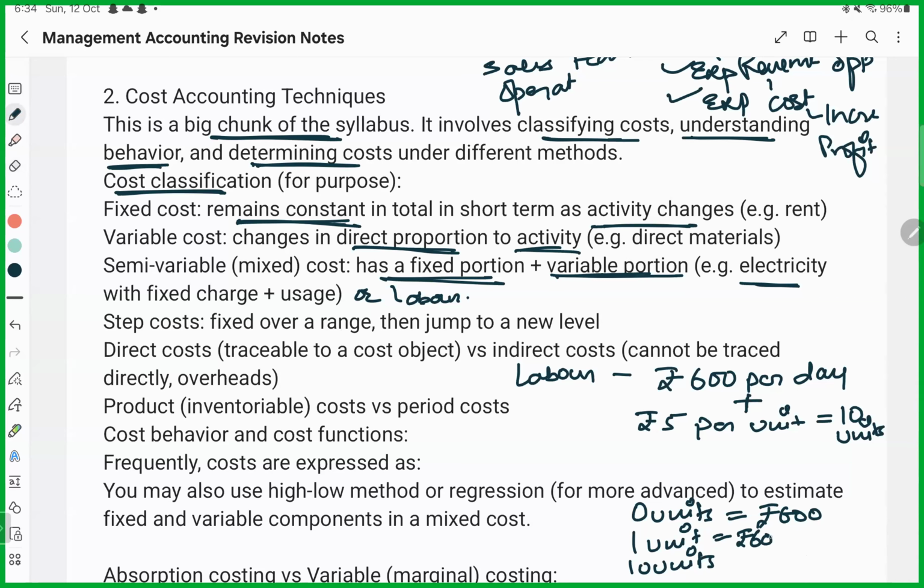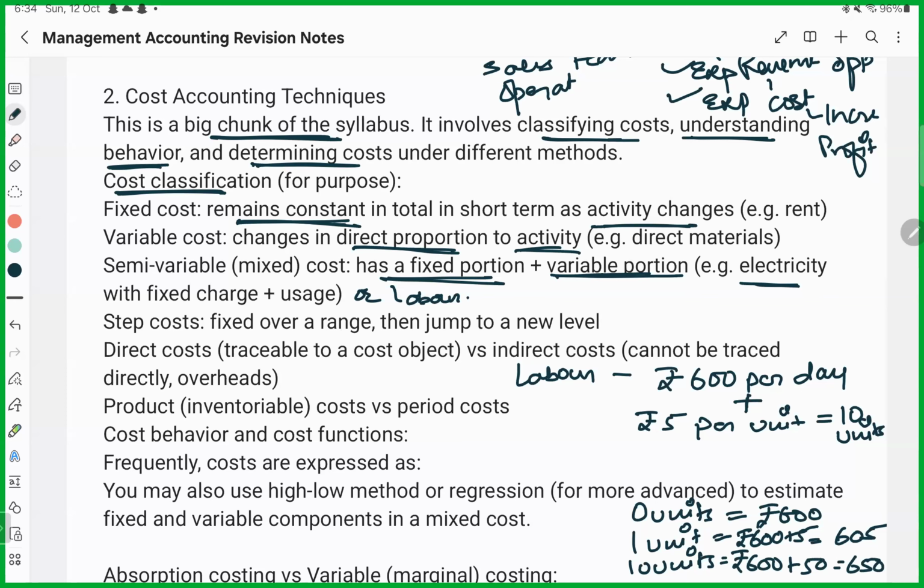Rupees 600 plus 5, 605 rupees the company has to pay to the labor for that particular 1 unit of production. If the company is manufacturing 10 units, the company has to pay 600 rupees plus rupees 50. That is 650 rupees.